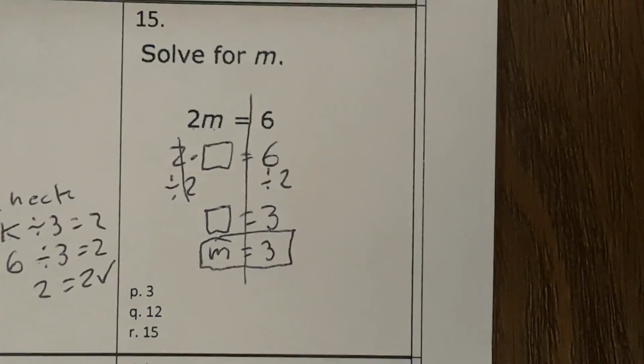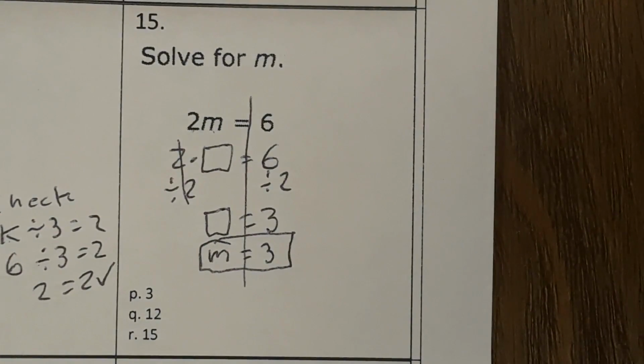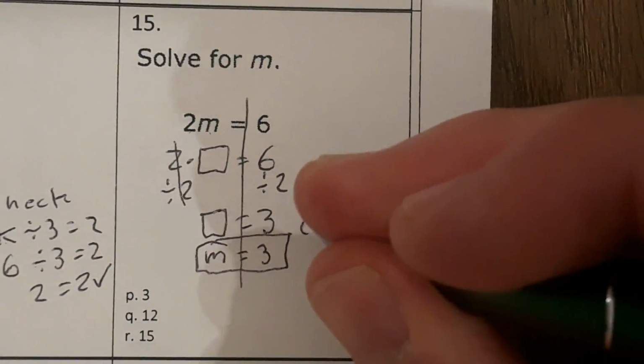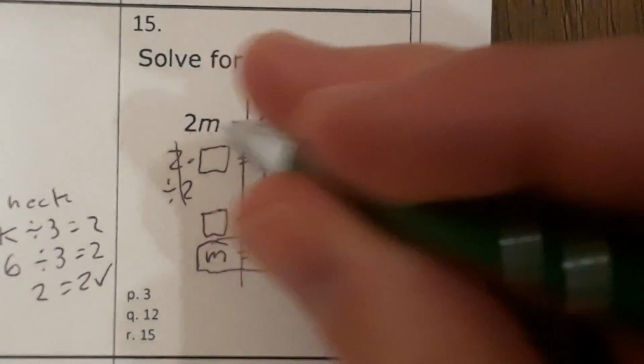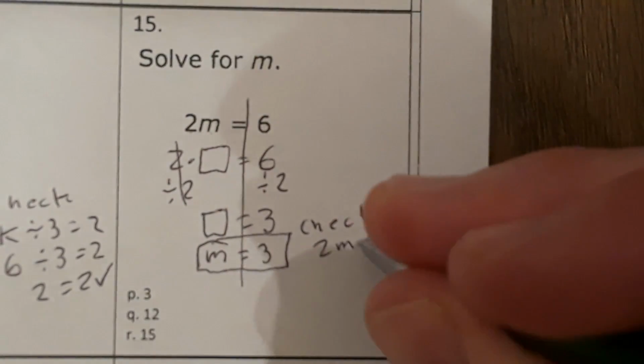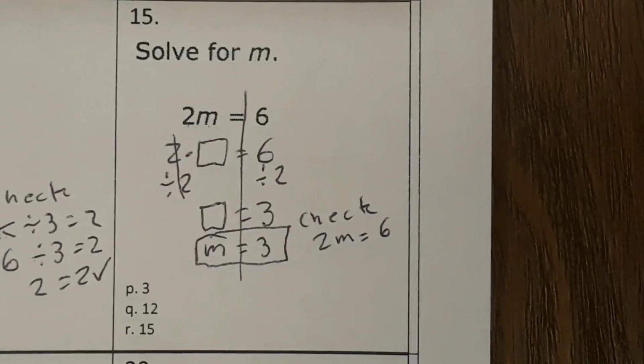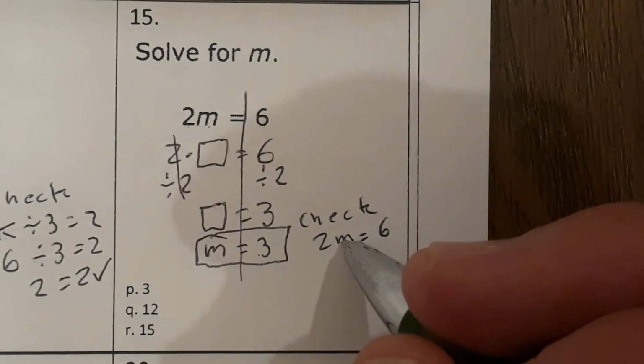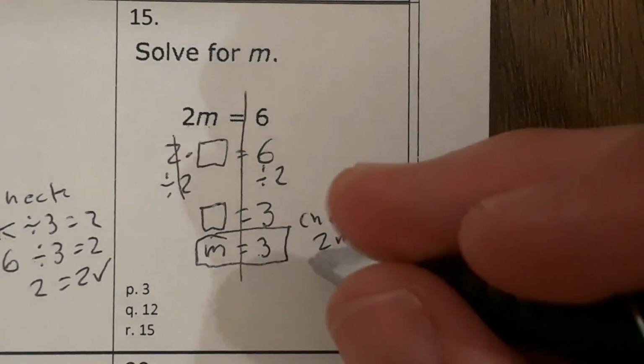Now remember, check your work and write down the check too. So here we go. I'll do our check off to the side here. So check, take the same equation, 2m equals 6. Now think to yourself, what's the next step to checking our problem? And if you said plugging in m and changing it to 3, that's correct.